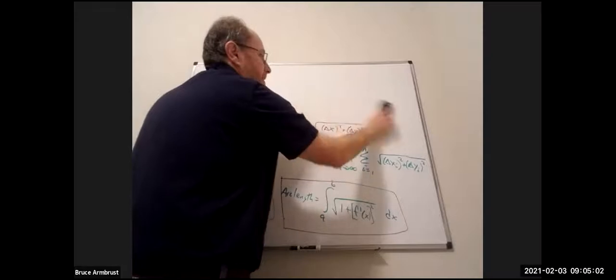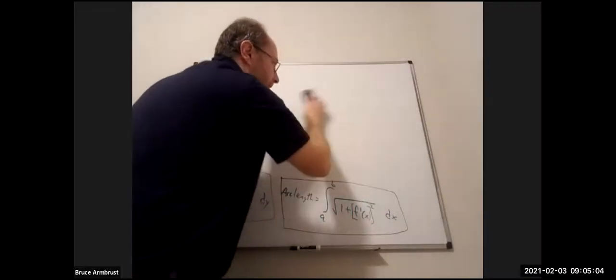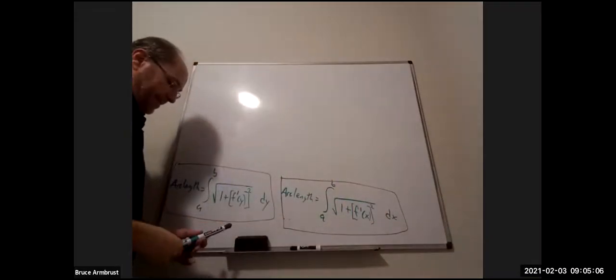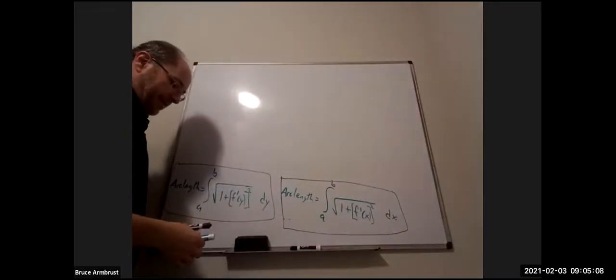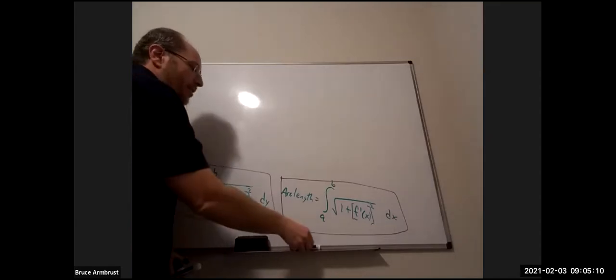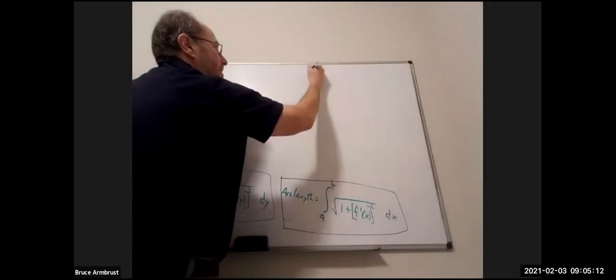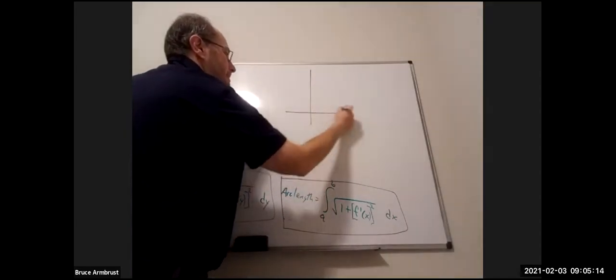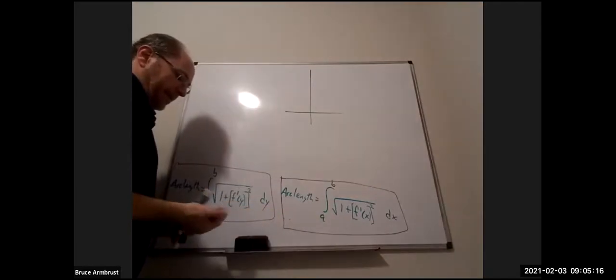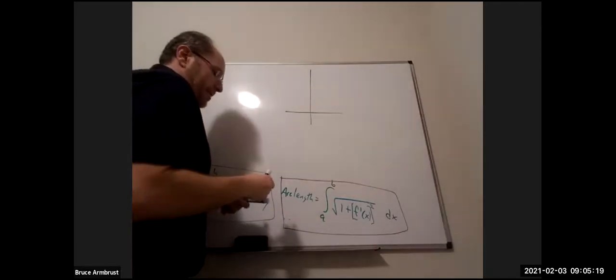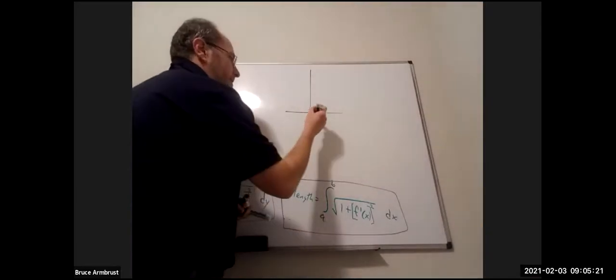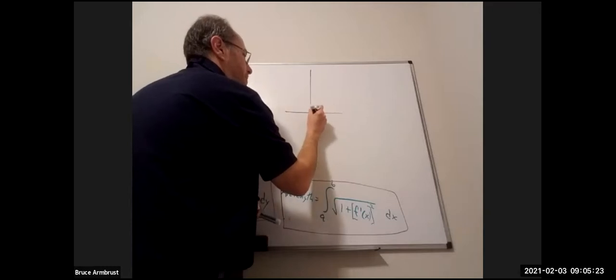All right, so here you go. Here's an example, and we'll start off really easy. We'll start off with the function that we tend to always start off with when we do this kind of thing. Let's look at x squared, and specifically x squared from x equals 0 to x equals 2.